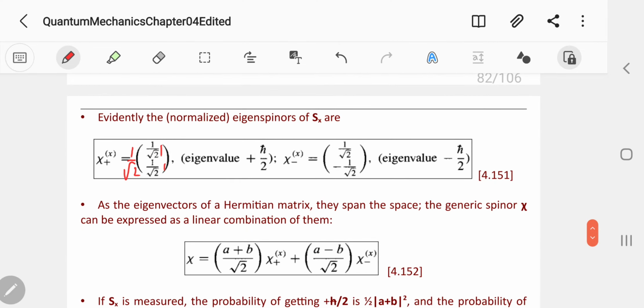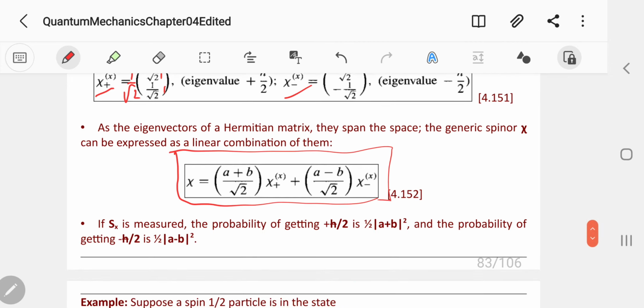That's for Sx. And if you want to express a chi in a linear combination of these eigenspinors, you can actually write them this way.